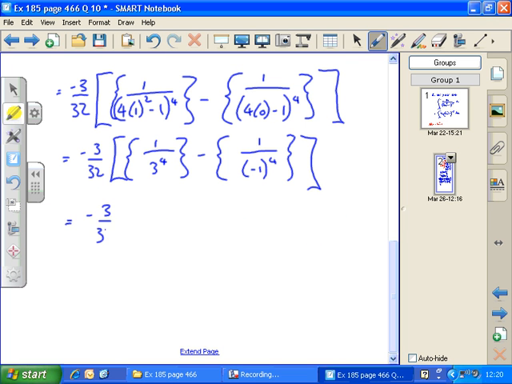Minus 3 over 32, and then we can work out the rest of the solution, being careful of the signs in the second one here. Negative 1 to the power 4 is just positive 1.